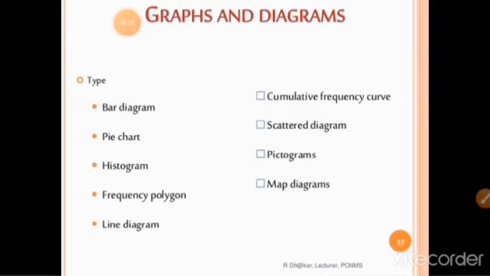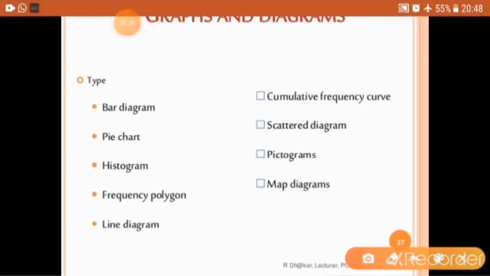These are called graphs and diagrams: bar diagram, pie chart, histogram, frequency polygon, line diagram, cumulative frequency curve, scatter diagram, pictograms and map diagrams.